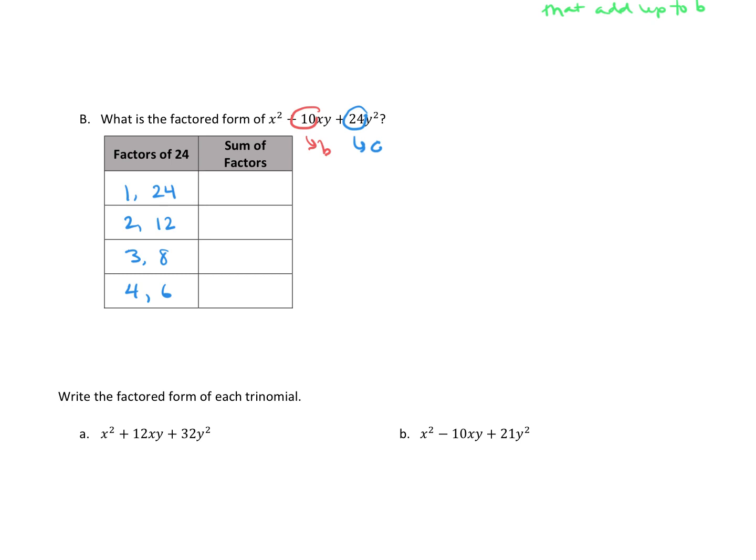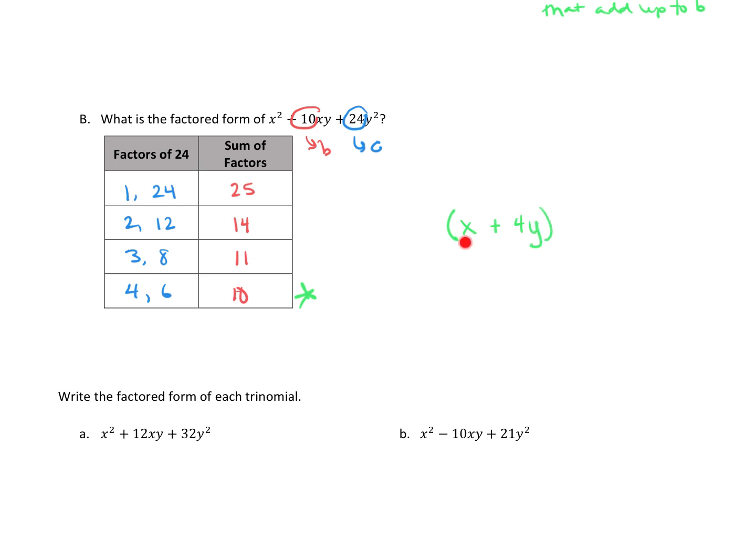So if we look through those, well actually let's just find the sum. So we add those, we get 25, 14, 3 plus 8 is 11, 4 plus 6 is 10. So we know we need the 4 and the 6 factors. So when we write our binomial factors, instead of x plus a 4, we're going to say x plus 4y.